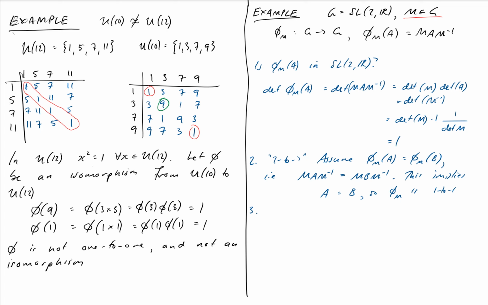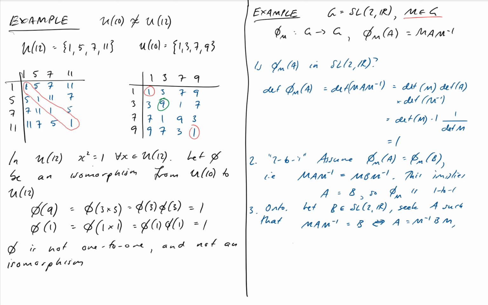Now we need to check onto-ness. So now we need to choose an arbitrary element B of G, and we seek an A such that M A M inverse, that's phi of A, is equal to B. This is equivalent to A equaling M inverse B M, and that's what we want, right?